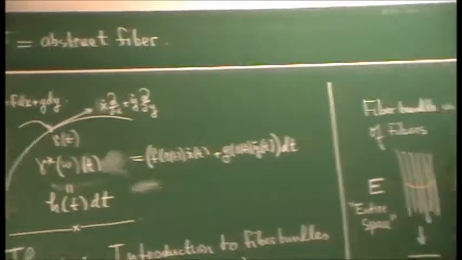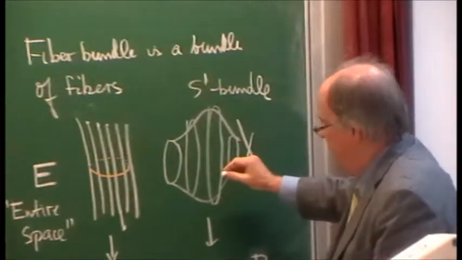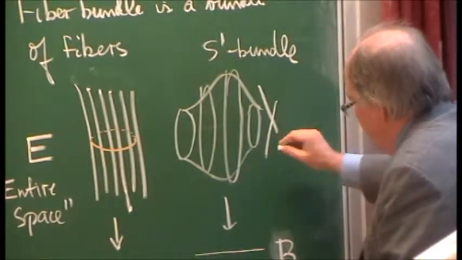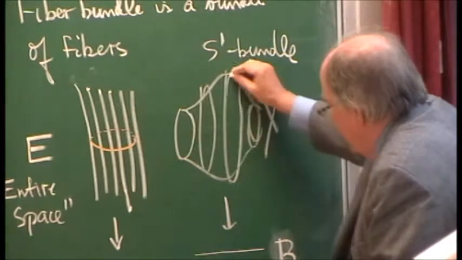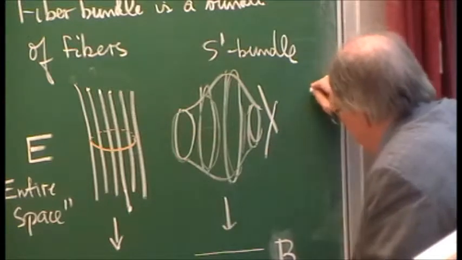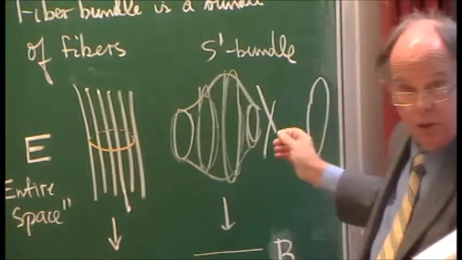Oh, I'm sorry. Here you have this S1 bundle. Here is a varying geometry, but these S1s, every fiber is isomorphic to S1. That means I have a fixed abstract fiber, which is S1.